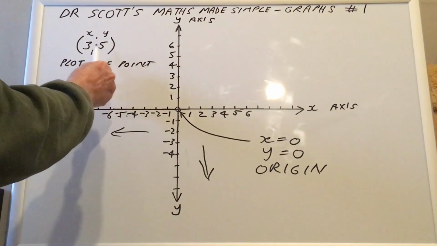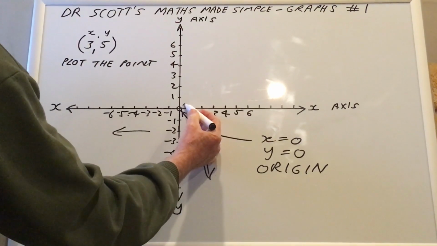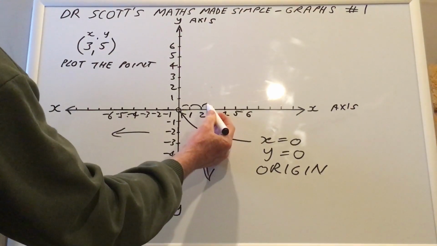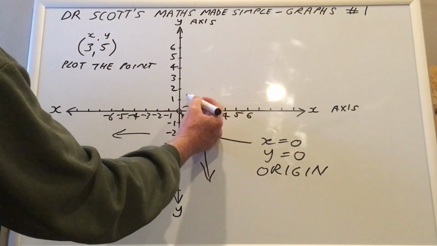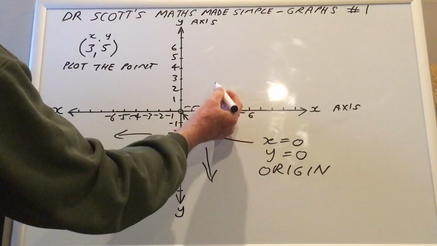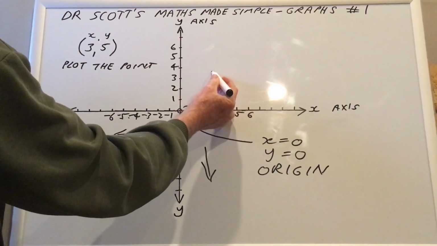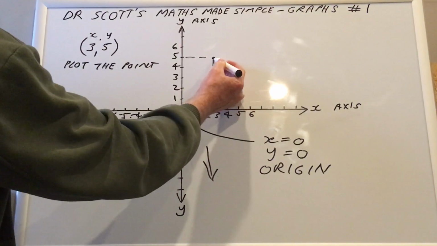And the way we plot (3, 5) is we go along here, 1, 2, 3, X equals 3, and then we go up, 1, 2, 3, 4, 5.